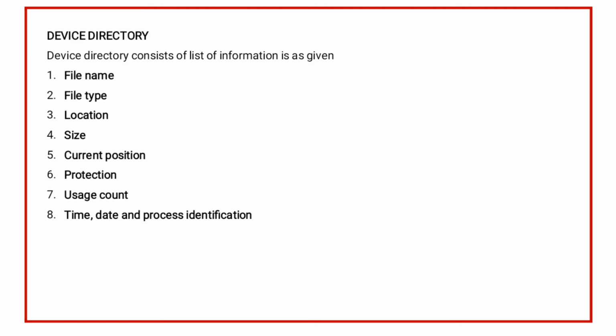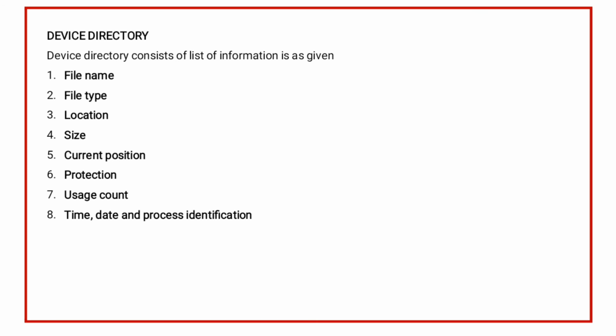Now the next topic is the device directory. The device directory consists of a list of information. The first is file name, which is the symbolic file name. Second is file type, which is the type of file, since different types are supported.